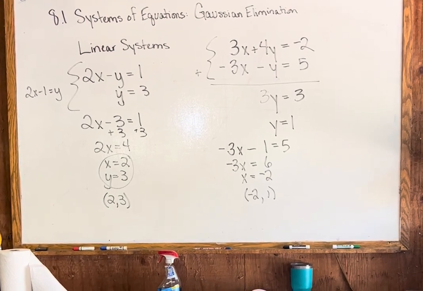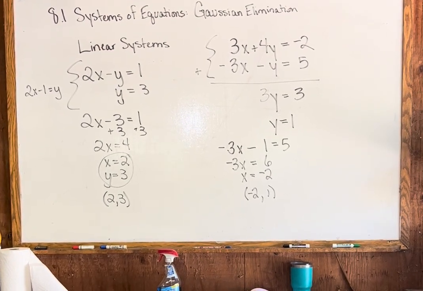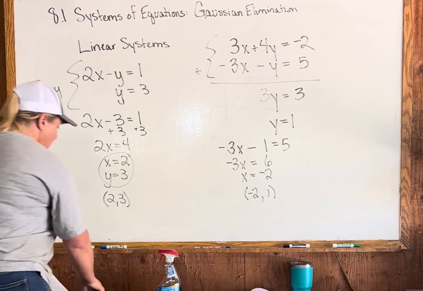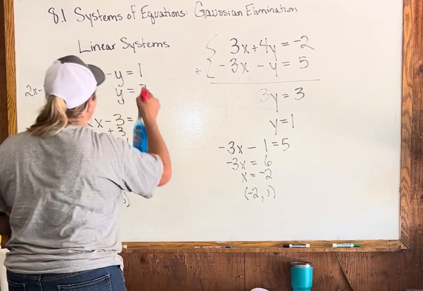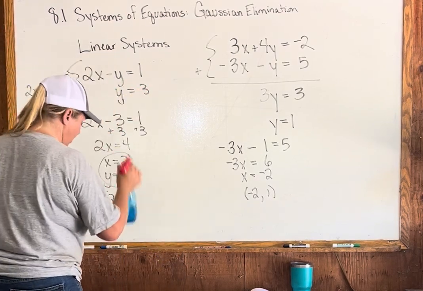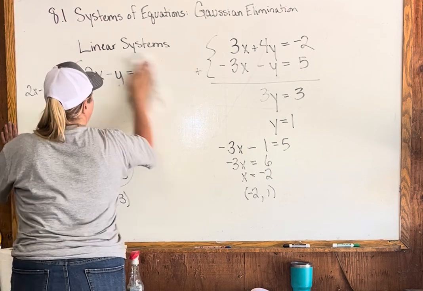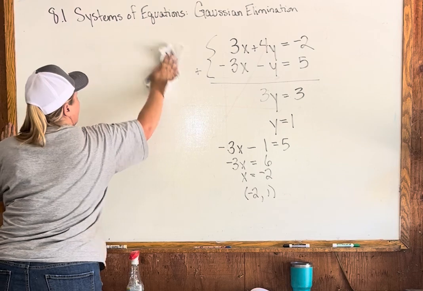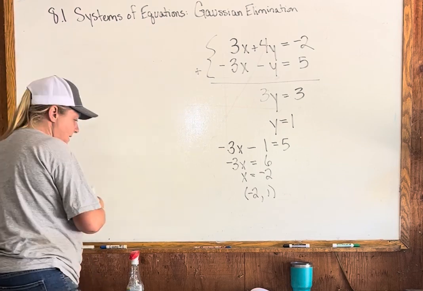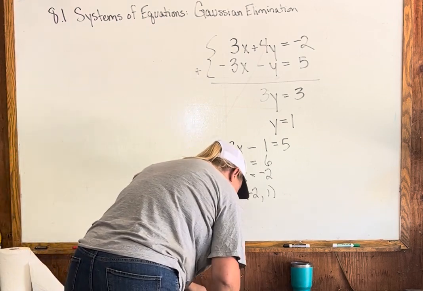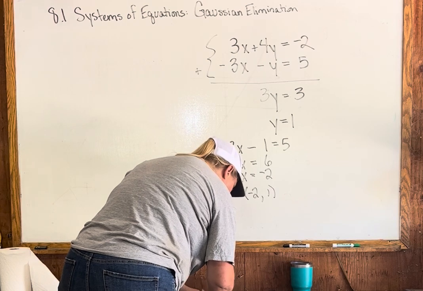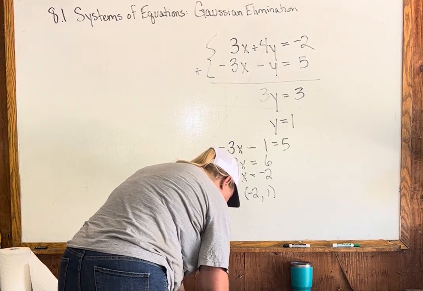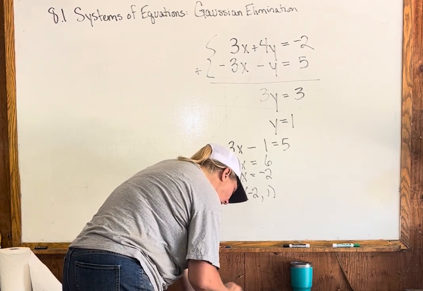Okay, so let's get back to this. So let's look at one a little bit more challenging than these two. Let's see what we have in the challenging section here. I don't like those.